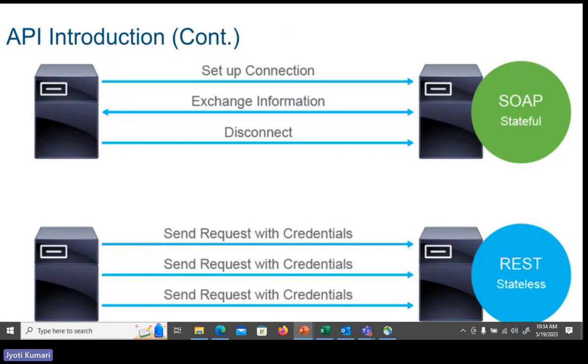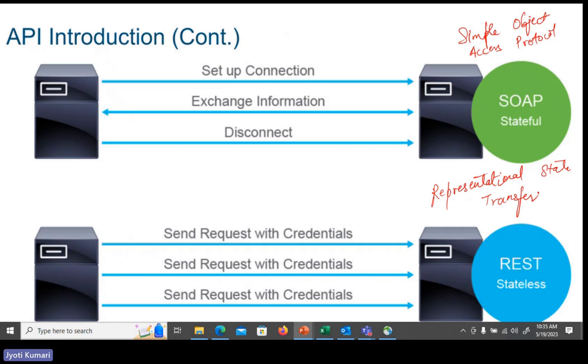Then here we can see some different types of API protocols which are used. The two main protocols are SOAP and REST. SOAP stands for Simple Object Access Protocol, and REST API, which is the one we use for CMS, stands for Representational State Transfer.